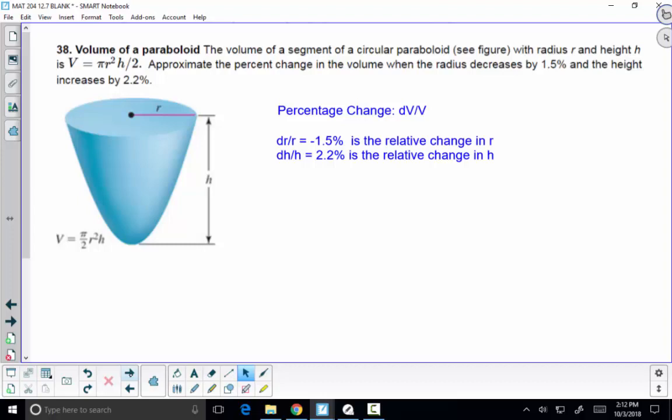So we're given the volume of this paraboloid. The volume is pi r squared h divided by 2. Let's just put a 1/2 out in front. We want to figure out what dV over V is. That's what we're looking for, the percent change in volume. So here's what we do.